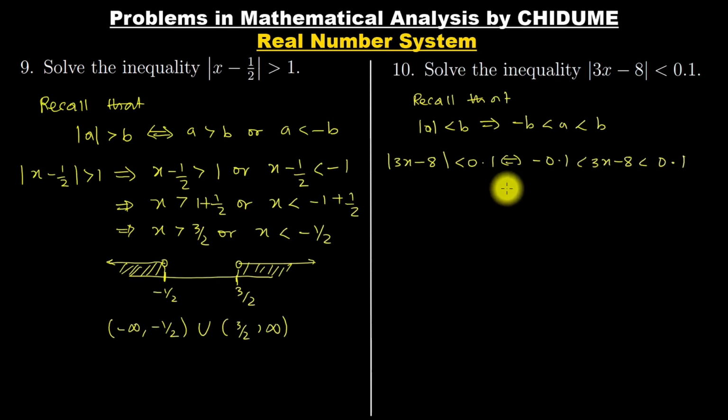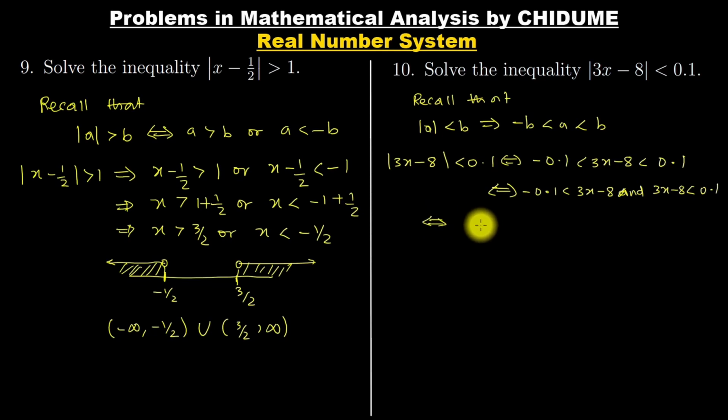Don't forget that you can break this inequality into two. That is, you can have negative 0.1 less than 3x minus 8, and you notice the word "and" here, and 3x minus 8 less than 0.1.